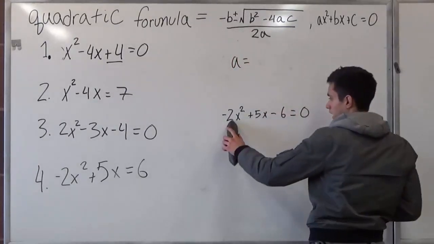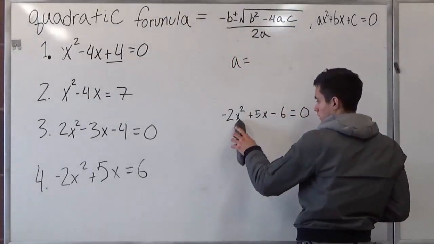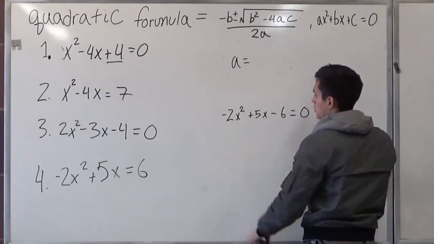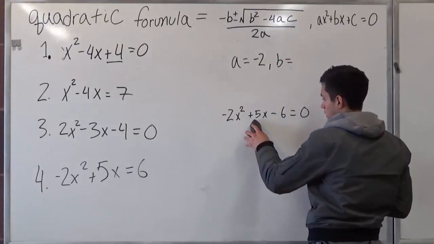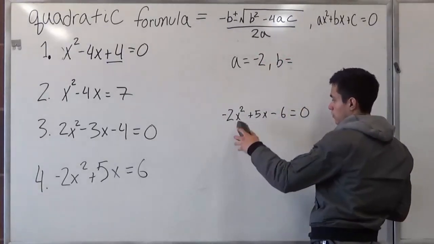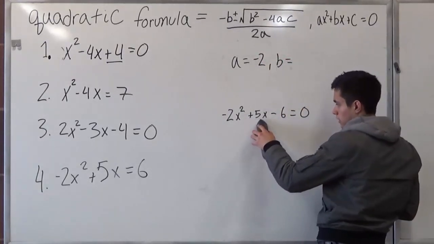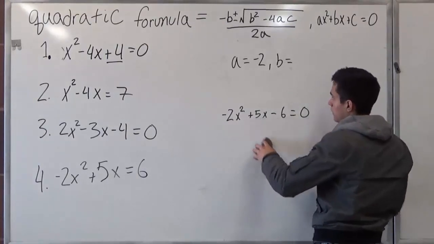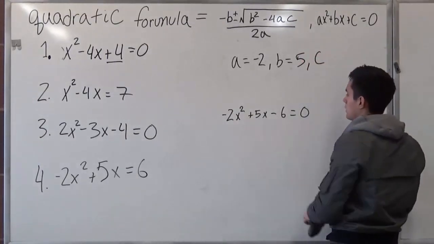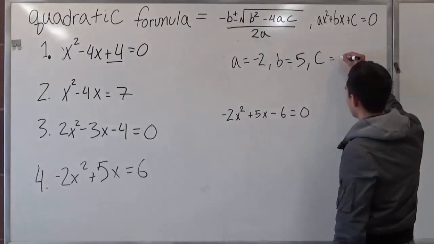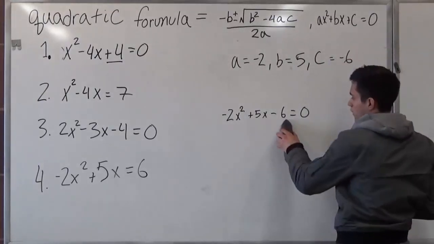A would be equal to negative 2, because the number next to x squared is negative 2. B would be equal to positive 5, because the leading coefficient next to x is 5. And C would just be negative 6, because negative 6 is a constant. It's a constant number with no variable next to it.